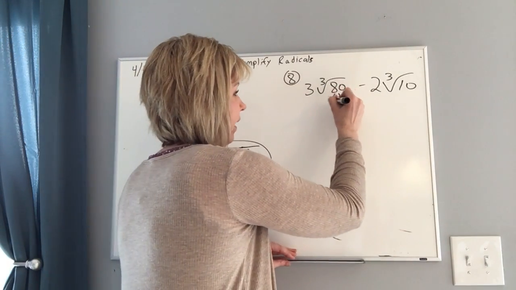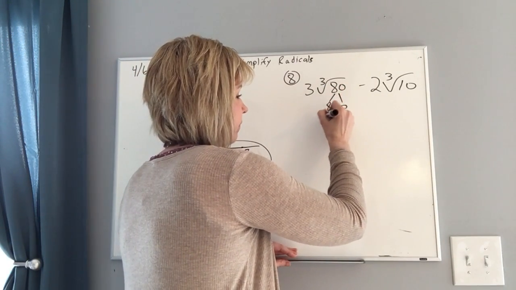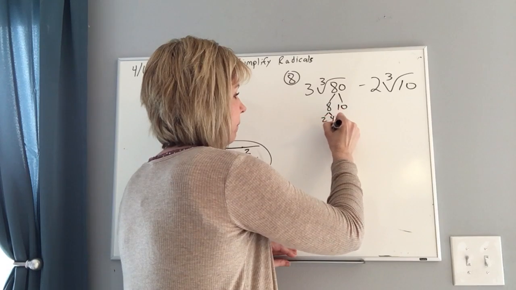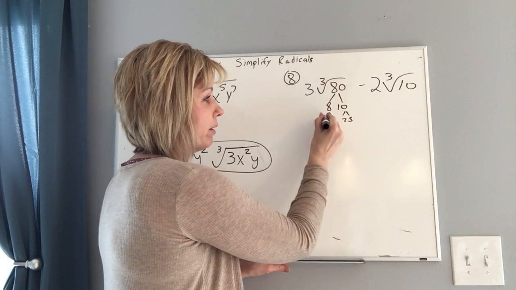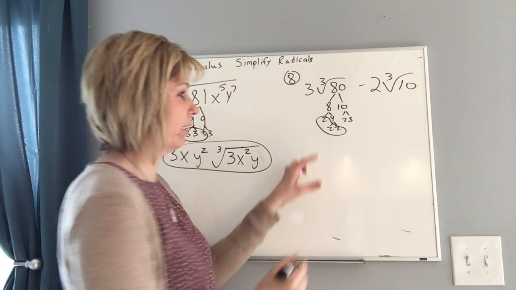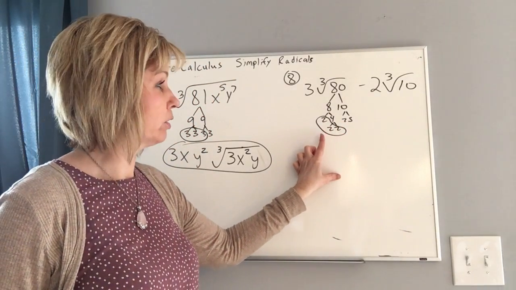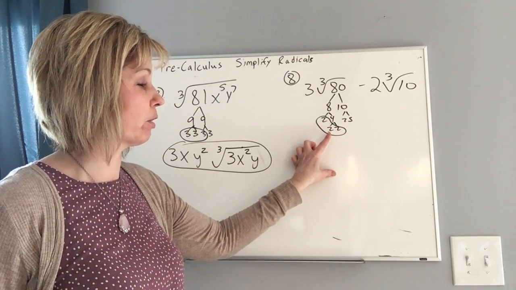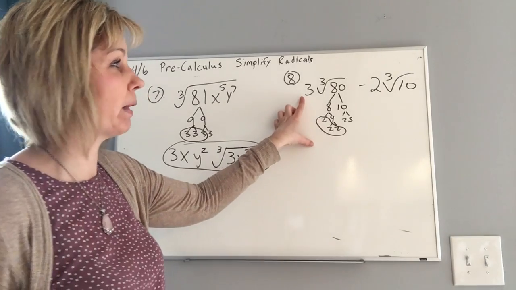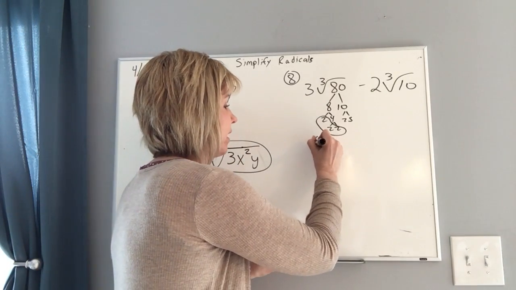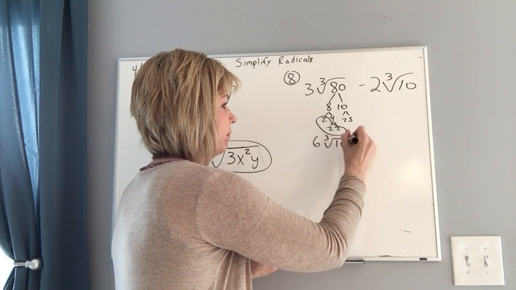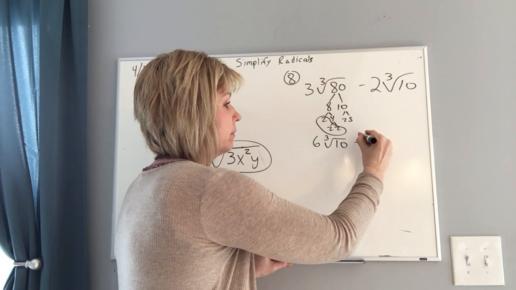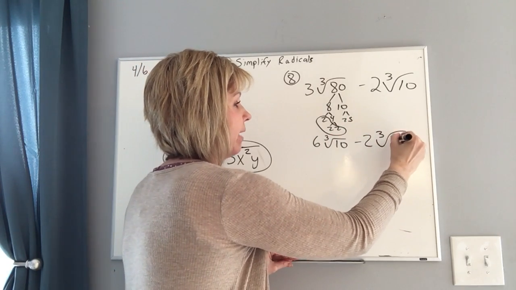So let's start here. 80 is 8 and 10, 2 and 4, 2 and 2, 2 and 5, and I need 3 of the same. So look here, I have 3 2's. The cube root of 8 is 2, so I'm bringing 1 2 out. I multiply by the 3 that's there. So I say this is 6 cube root of 10, because 2 times 5, minus 2 cube root of 10.